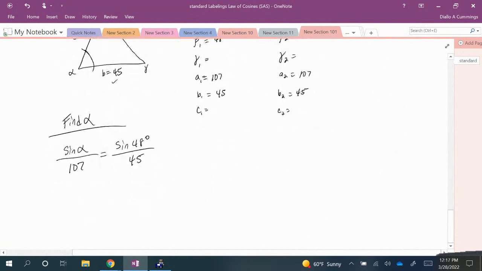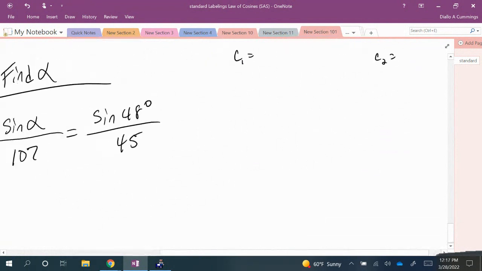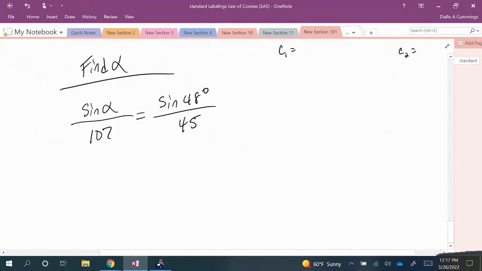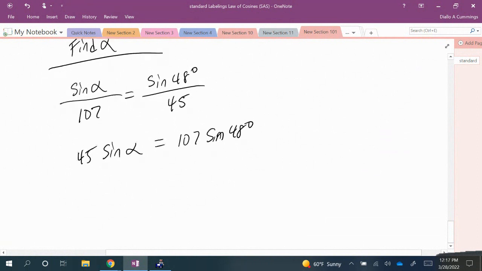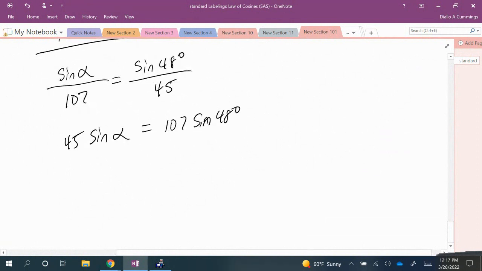All right, so now I'm going to use the cross product property. I'm going to cross multiply. So sine alpha times 45 is 45 times the sine of alpha. That's equal to 107 times the sine of 48 degrees. The next thing I'm going to do is divide both sides by 45.